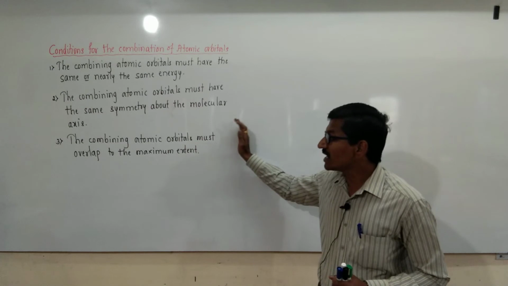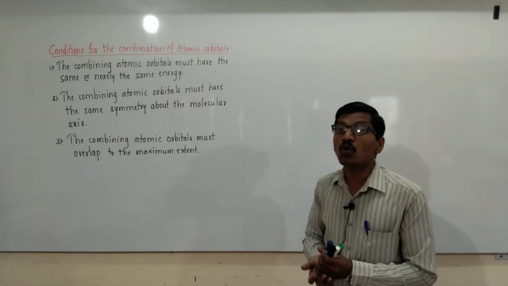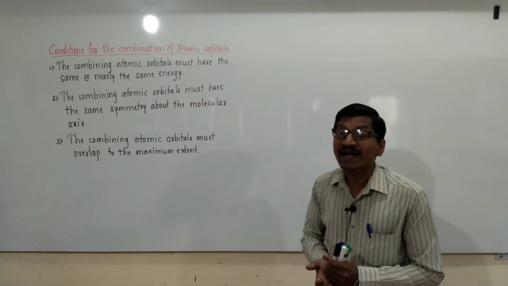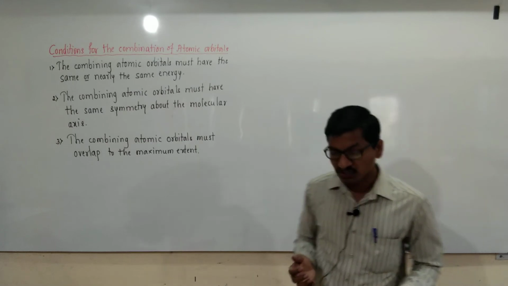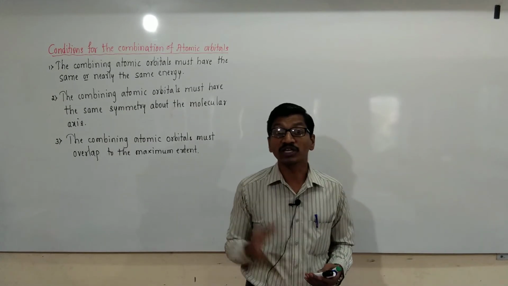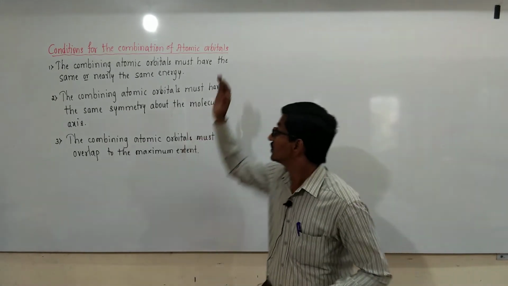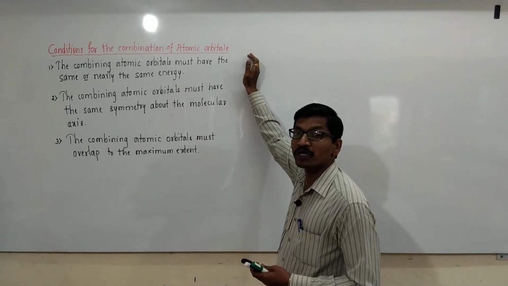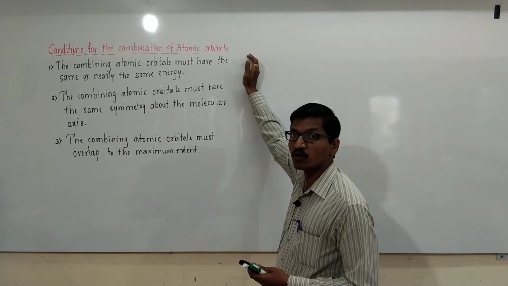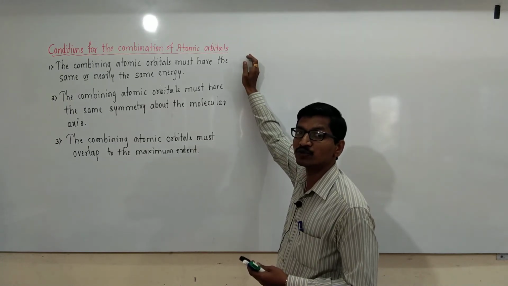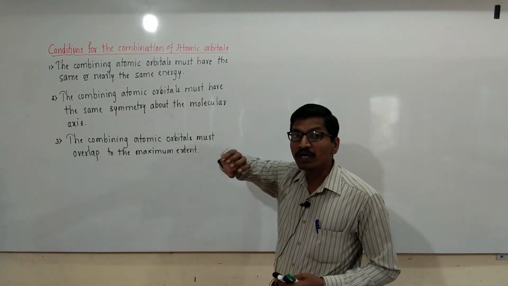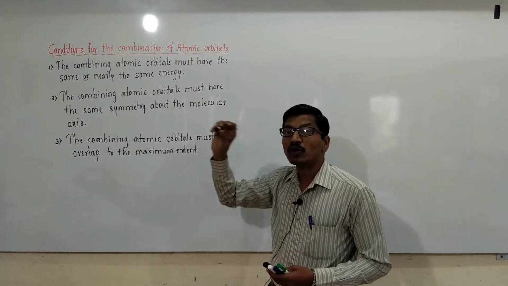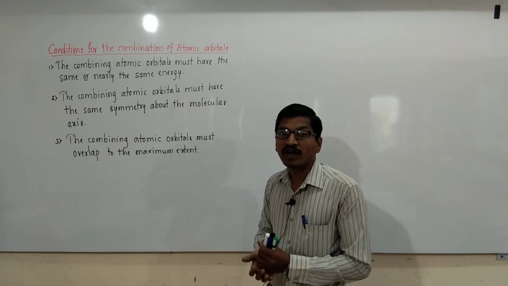Third, the combining atomic orbitals must overlap to the maximum extent. These are the three important conditions. Same energy means a 1s atomic orbital overlaps with a 1s atomic orbital, a 2s atomic orbital of one atom overlaps with a 2s atomic orbital, and a 2px atomic orbital overlaps with the 2px atomic orbital of another atom.